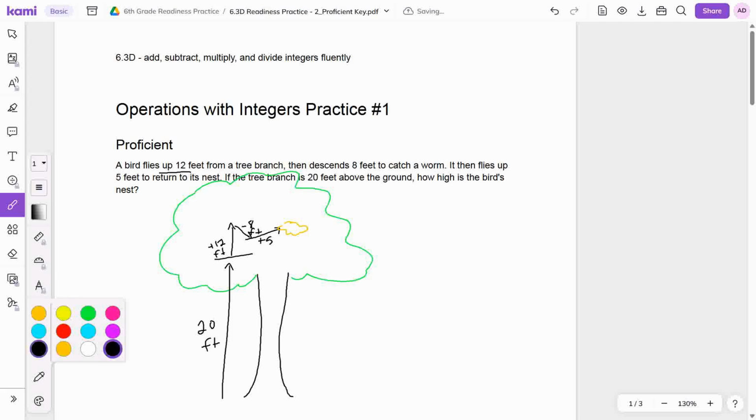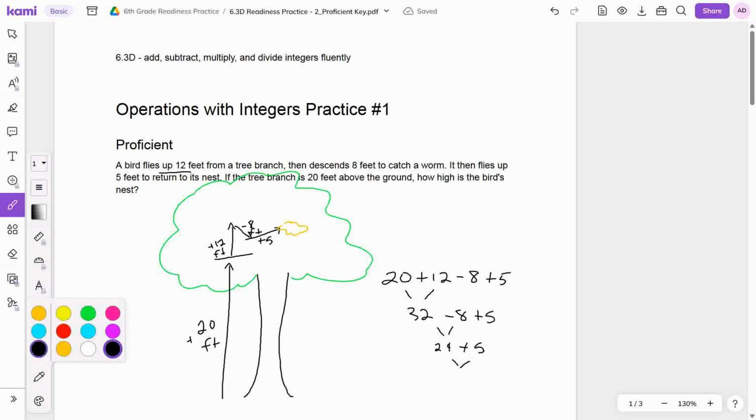See, that's why we had to start with that plus 20. We had to know how far up above the ground we were. So we started 20 feet off the ground, and then we flew up 12 feet. We descended, that means we came down 8 feet, and then we went back up 5 feet to get to our nest. So let's simplify. We've got 20 and 12, that's 32, minus 8 plus 5. 32 minus 8 is 24, plus 5.